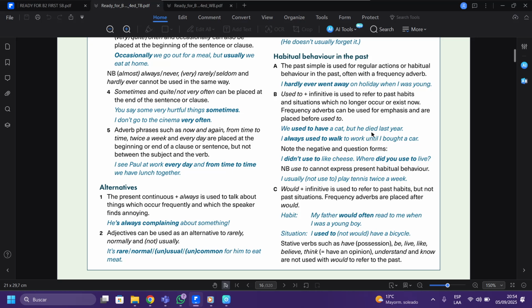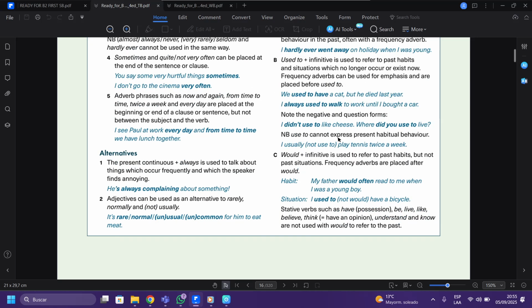Or we have another alternative, which is "used to" plus the infinitive, which is used to refer to past habits or situations which no longer occur, that do not happen anymore. So the frequency adverbs can be placed, for emphasis, before "used to". That is so important, so don't forget.